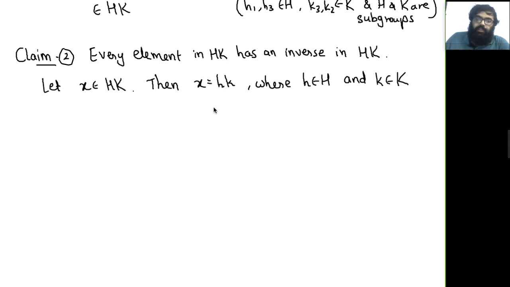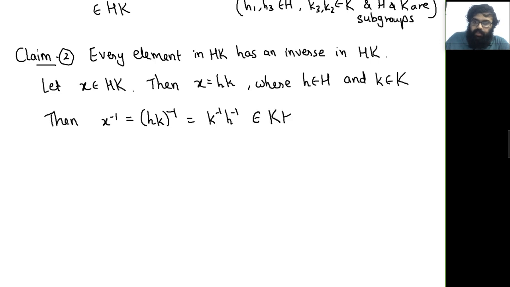Now what is x inverse? x inverse equals (hk) inverse. But we know what (hk) inverse is. This is k inverse h inverse, right? (AB) inverse equals B inverse A inverse. So this is k inverse h inverse, but this belongs to KH. Why?